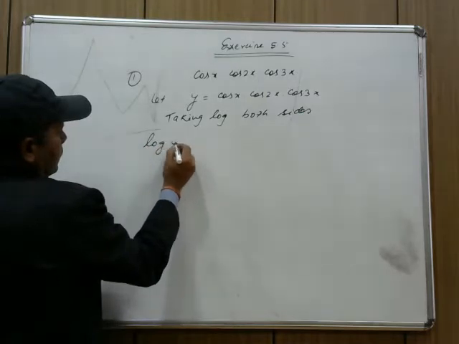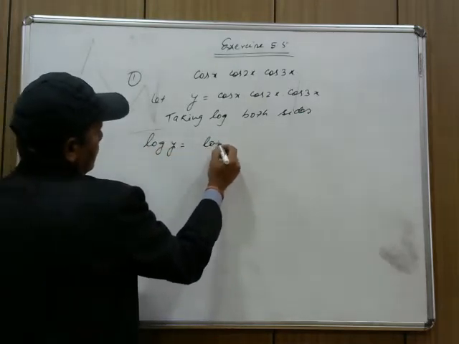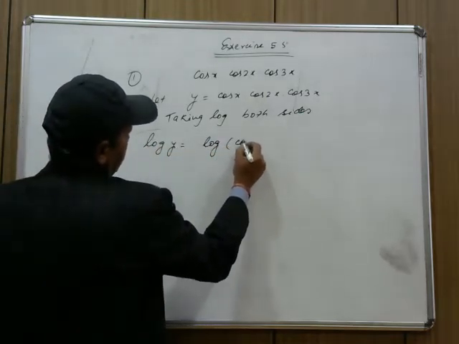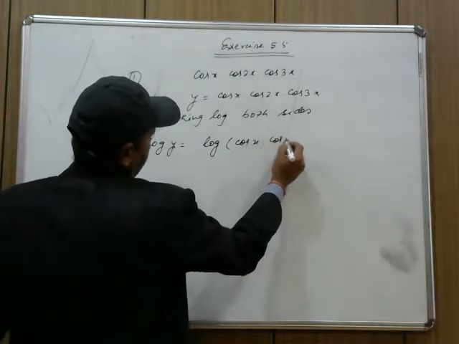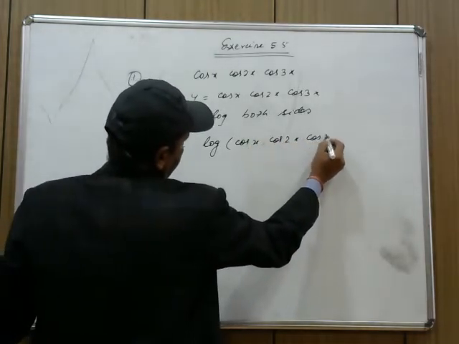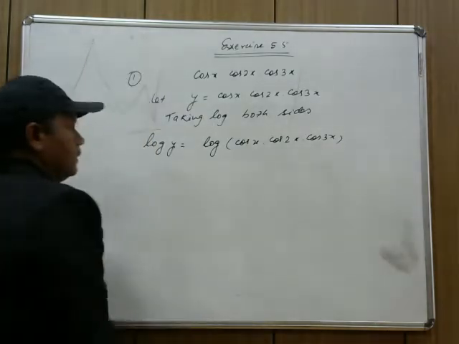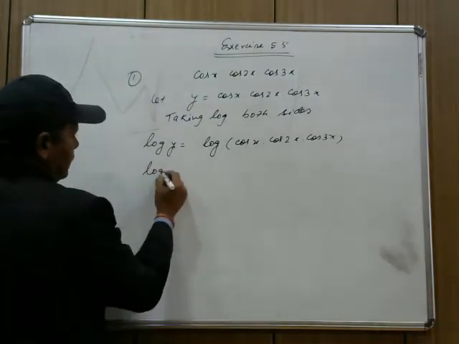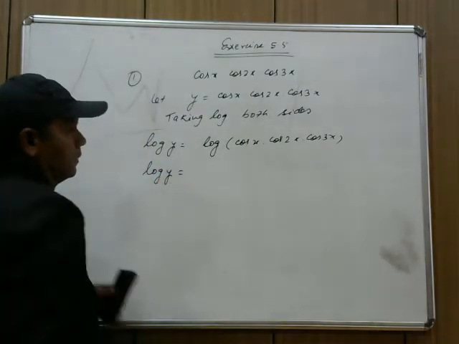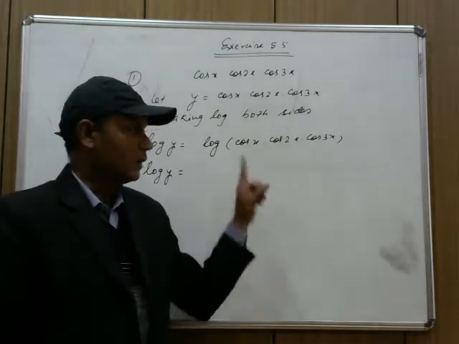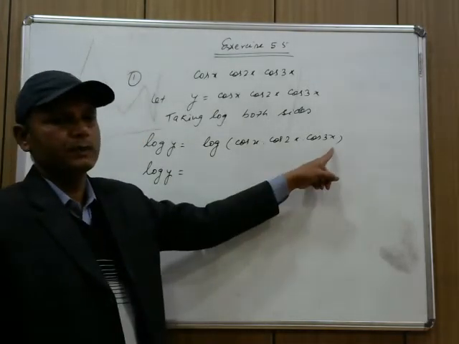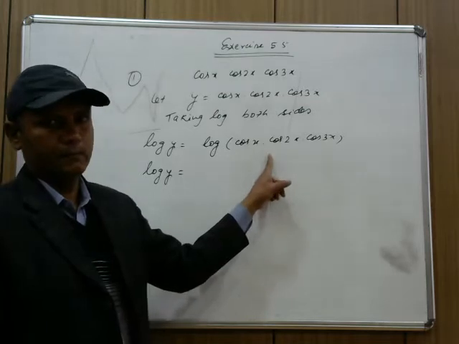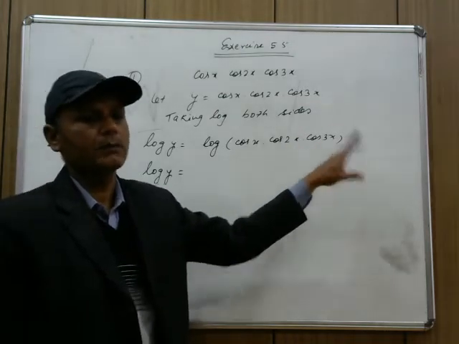Log of y is equal to log of cos x into cos 2x into cos 3x. Now here we will apply the formula log of m into n into p is equal to log m plus log n plus log p.